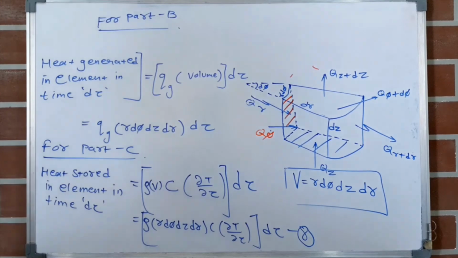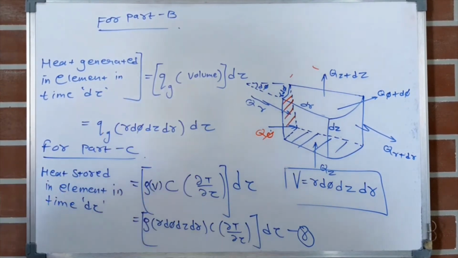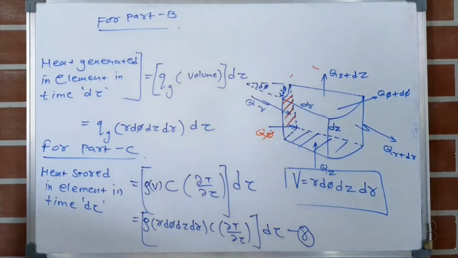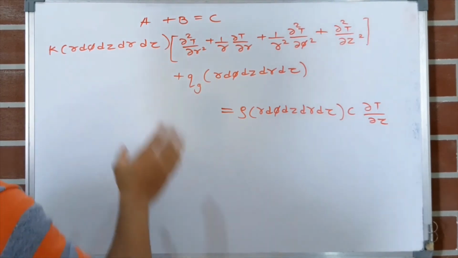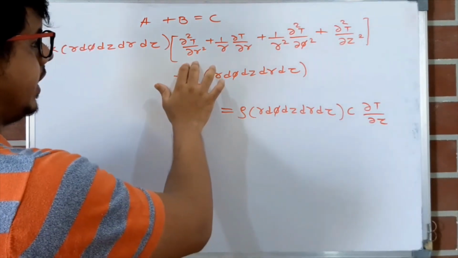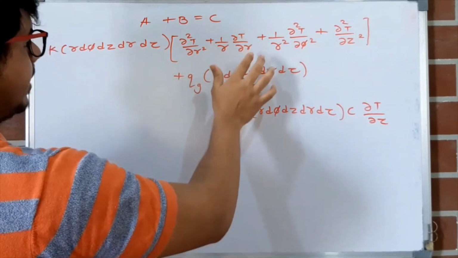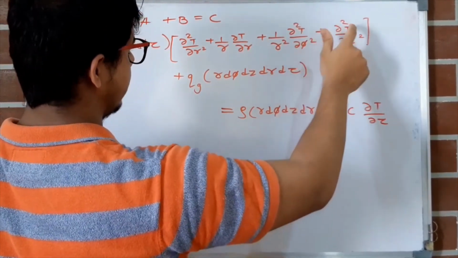Now we will substitute all these equations, that is the equations of part A, part B and part C, in our energy balance equation. Then we will get K into R d phi dz dr d tau into bracket del square T by del R square plus 1 upon R into del T by del R plus 1 upon R square into del square T by del phi square plus del square T by del Z square.